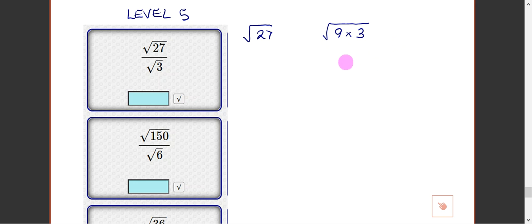So that gives me root 9 times root 3, which ends up being 3 root 3s. Now if I put it back in, instead of root 27, we've got 3 root 3s divided by root 3. Right? And what do we do?